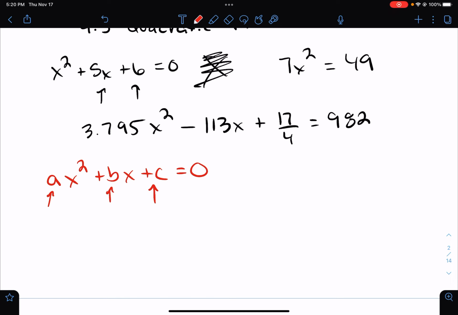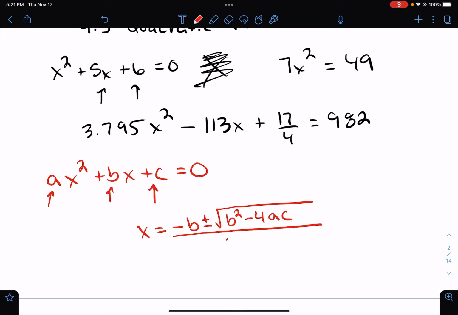And the quadratic formula looks like this. X equals negative b plus and minus, you're going to put both of them on top of each other. And then there's this great big square root of b squared minus 4ac. All of that is the top of a fraction. We're not even done yet.